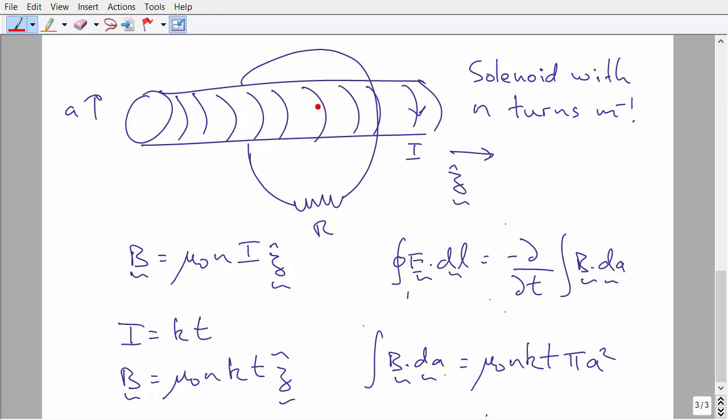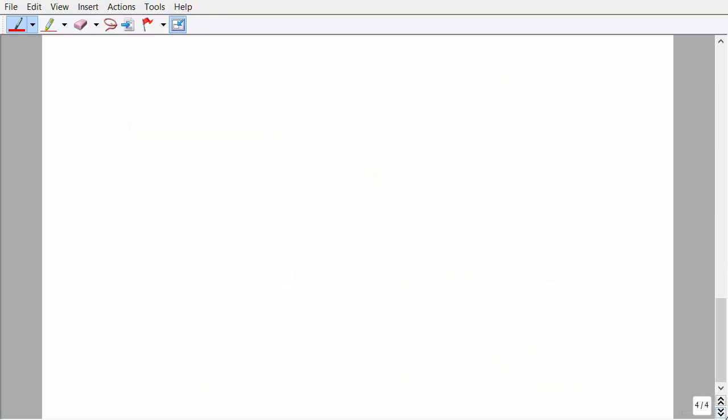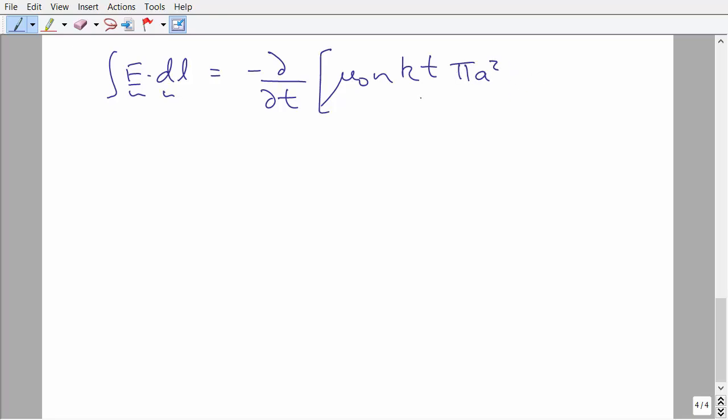So from this result, we can now calculate the negative time derivative, and we can calculate the integral of E dot dl. So let's do that. Okay, so now the current that flows in loop 1, I'm going to call that I1, would be the integral of E dot dl divided by the resistance.